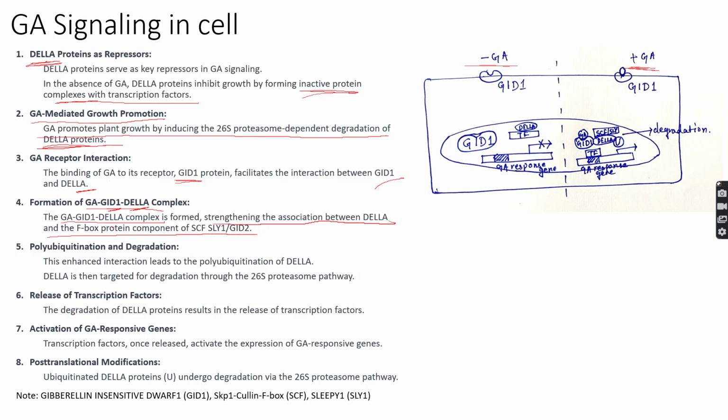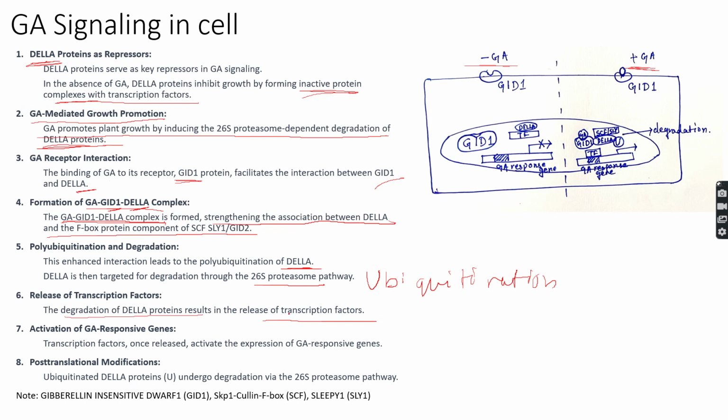Now what is the full form of these things, I will tell. After the formation of this GA-GID1-DELLA complex, there will be degradation of the repressor DELLA through the 26S proteasome pathway. We can call it ubiquitination. So there is release of transcription factor. The degradation of DELLA protein results in the release of transcription factor.